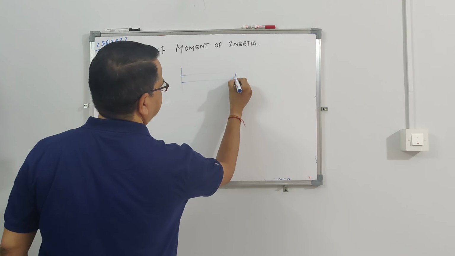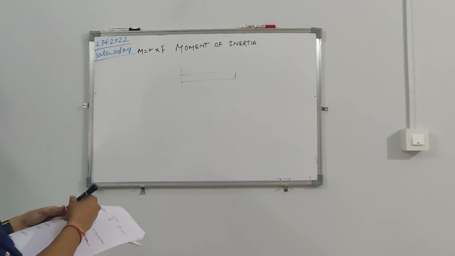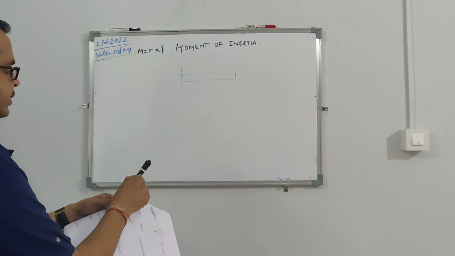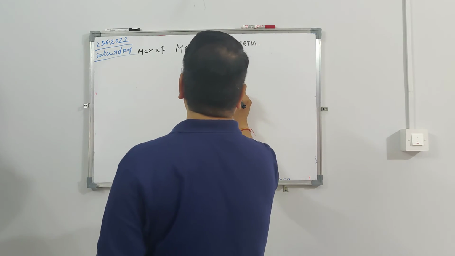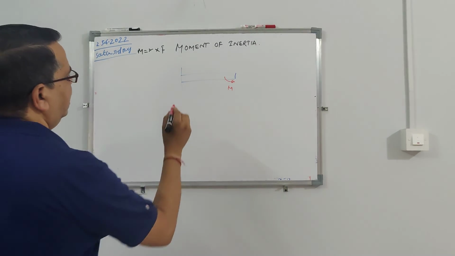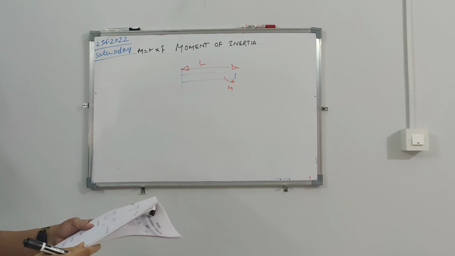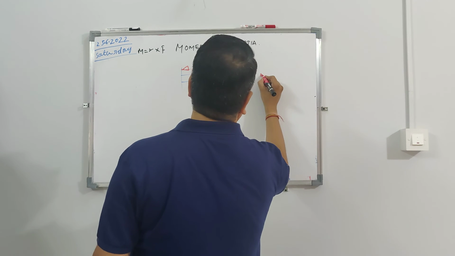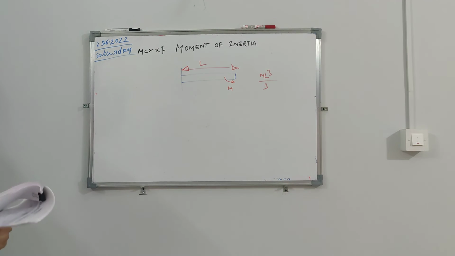Let us say this is a rod of mass m, and let us say this length is L. The moment of inertia of this is mL squared by 3.